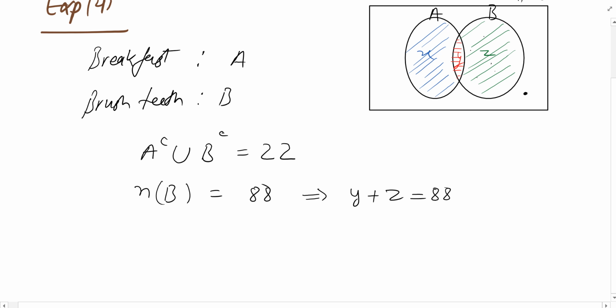So we have students in those sets, and one student is a bad guy there. Now that's everything. Now the question is, how many children ate breakfast? So the number in A, that is the question.